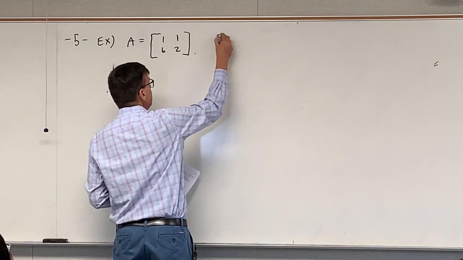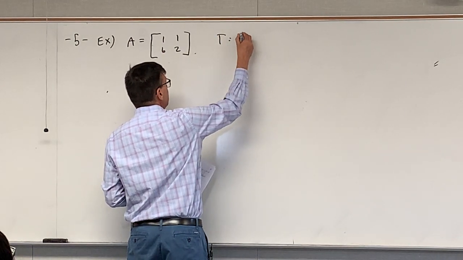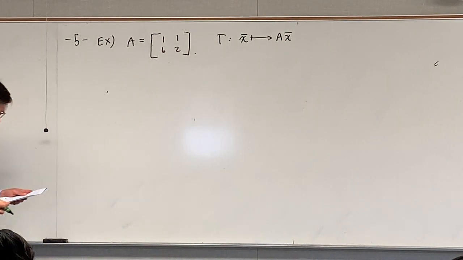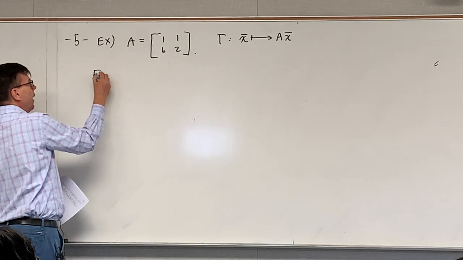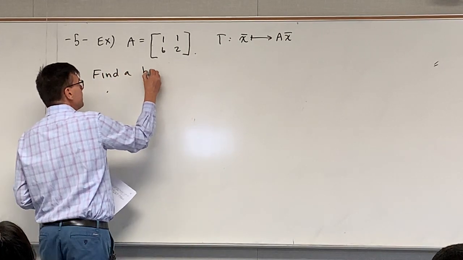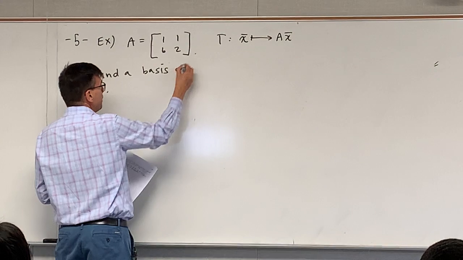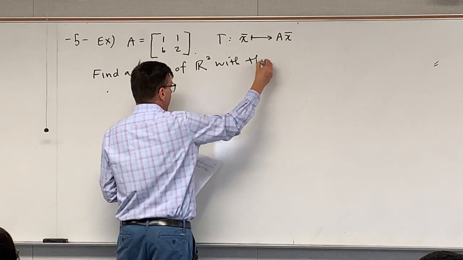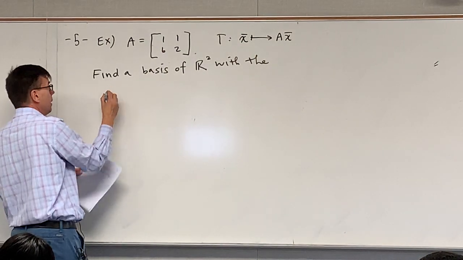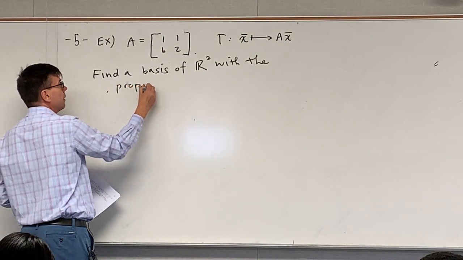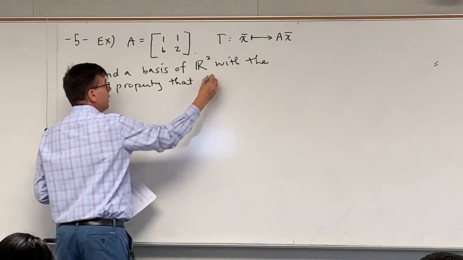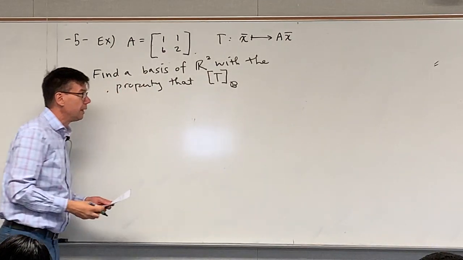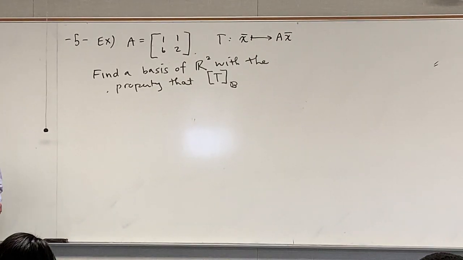So we're talking about T, the transformation that takes a vector to A times the vector, right? And here what we want to do is find a basis for R2 with the property that the matrix of that transformation in the basis B is diagonal.